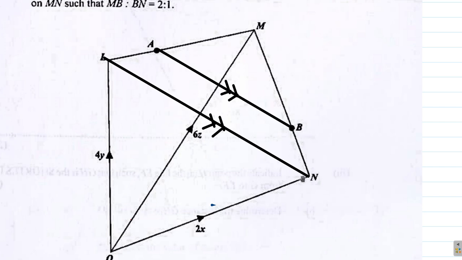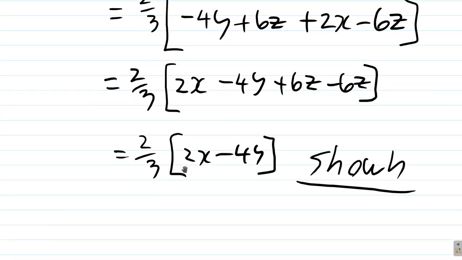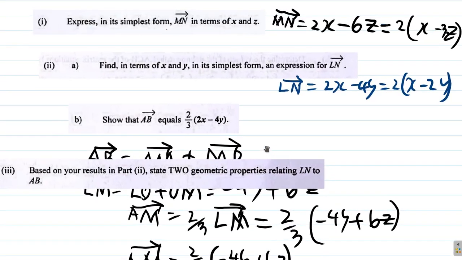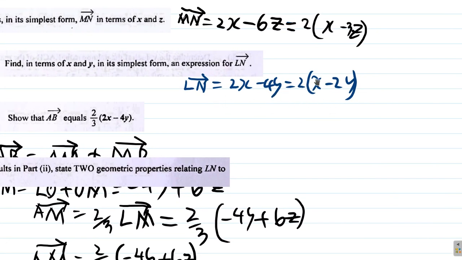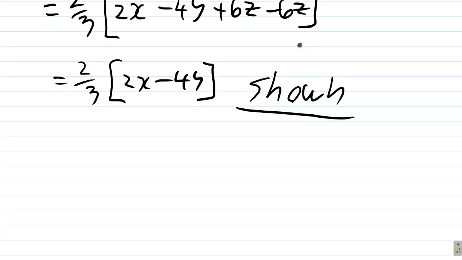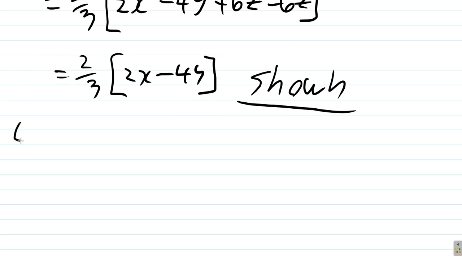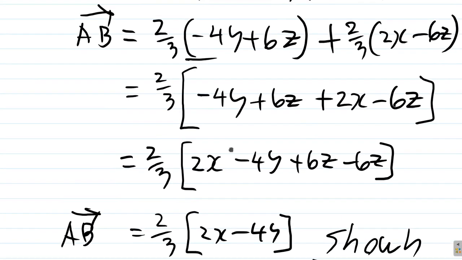All right, now the fact is, you have AB here, is this, and then LN is 2x minus 4y. So let's write it back. LN is 2x minus 4y, while AB is 2/3 of 2x minus 4y.